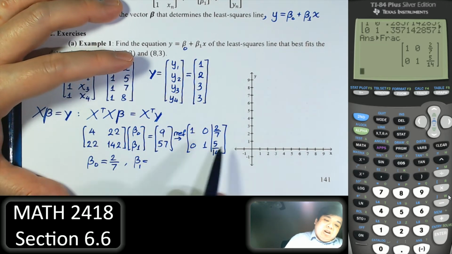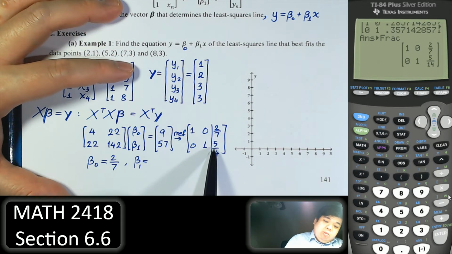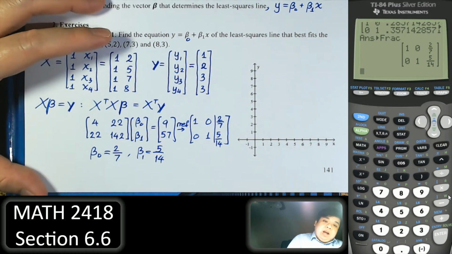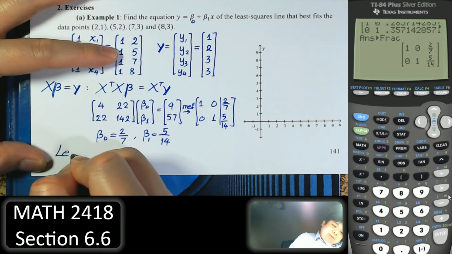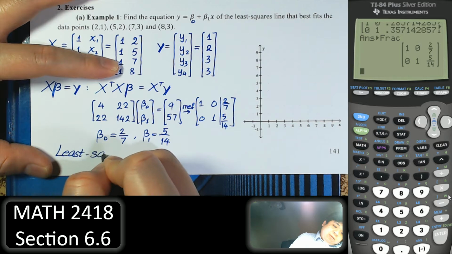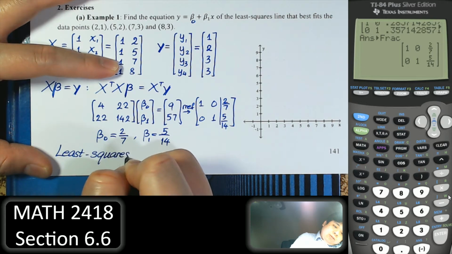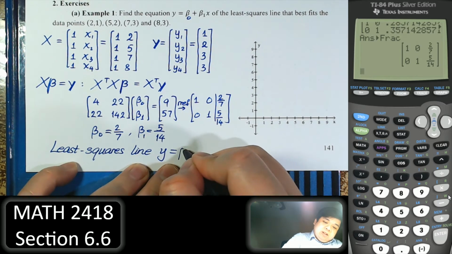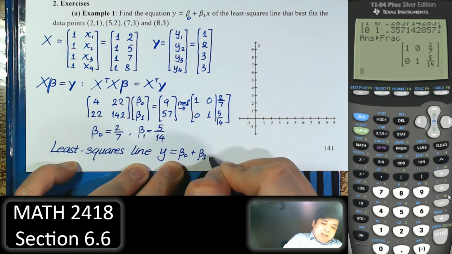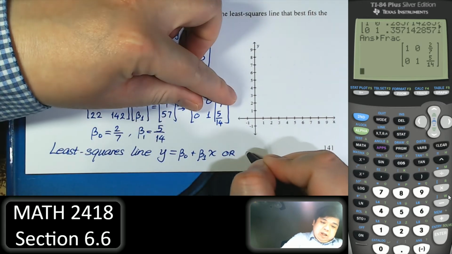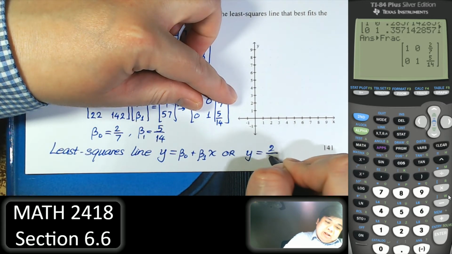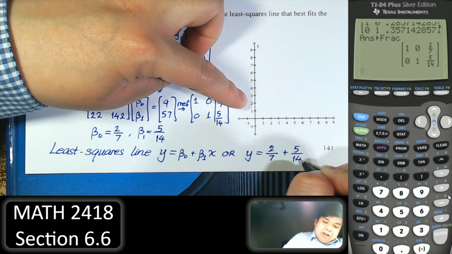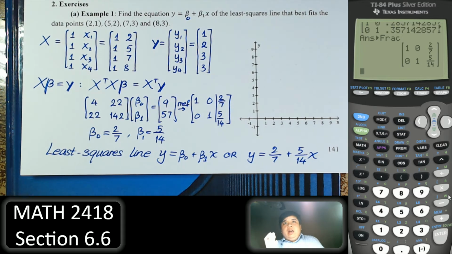So beta naught is 2 over 7 and beta 1 is 5 over 14. So the least squares line is y equal to beta naught plus beta 1 x, or we say y equal to 2 over 7 plus 5 over 14 x. Right, so the math is very simple.